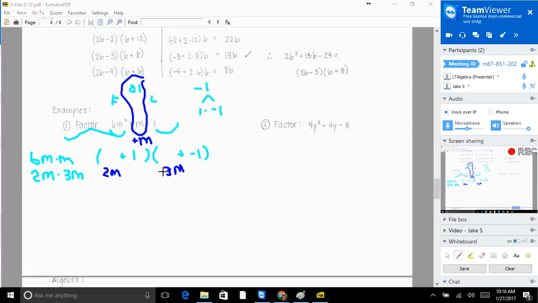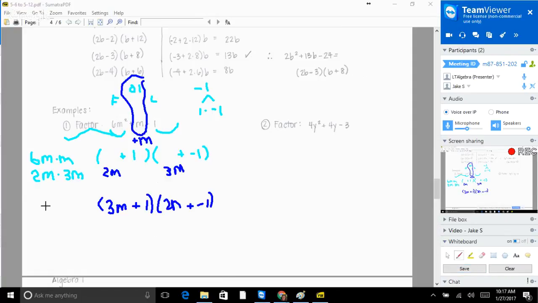Or if it's confusing to you, you can just guess. Okay, so you can just say, okay, I think it's going to be 3m plus 1 times 2m plus negative 1. So let's just do the guess method and see what you end up with there. So we're guessing this is what it is.